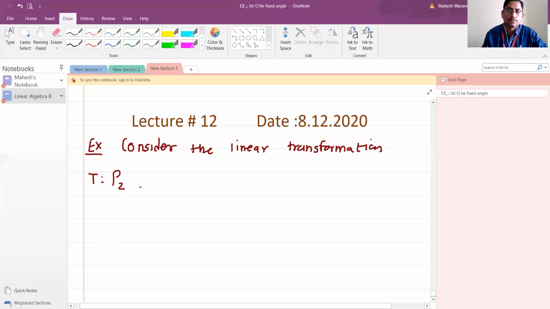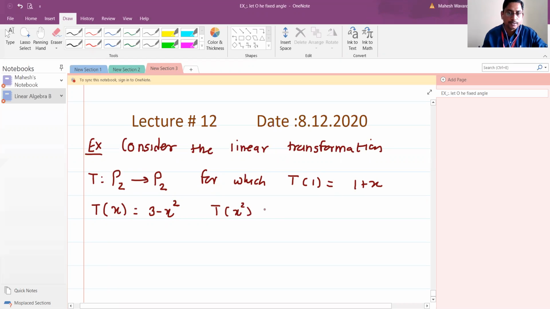P2 stands for the set of all polynomials of degree at most 2 with real coefficients, P2 to P2, for which T of 1, the image of 1, is 1 plus x. Then T of x, its image, is 3 minus x square. T of x square, its image, is 4 plus 2x minus 3x square.